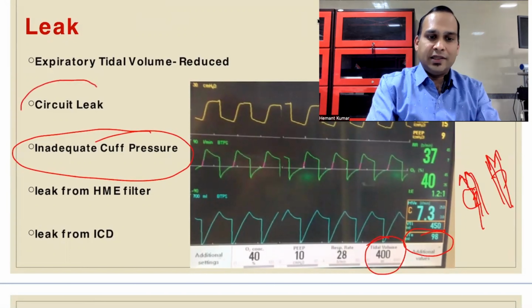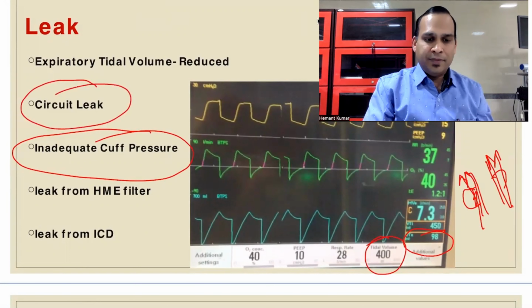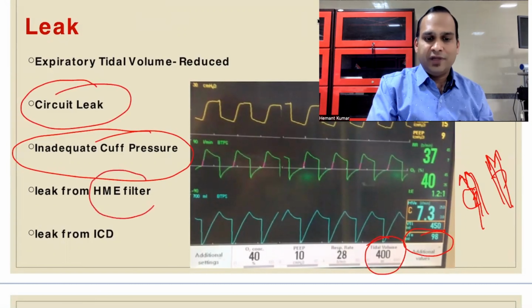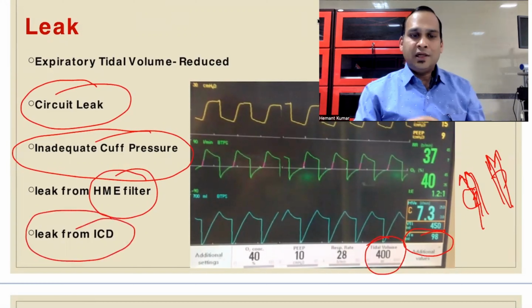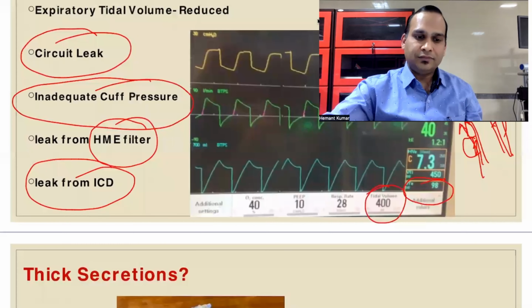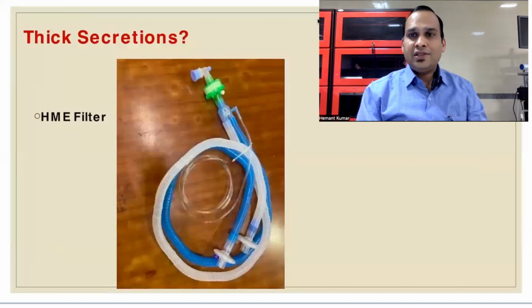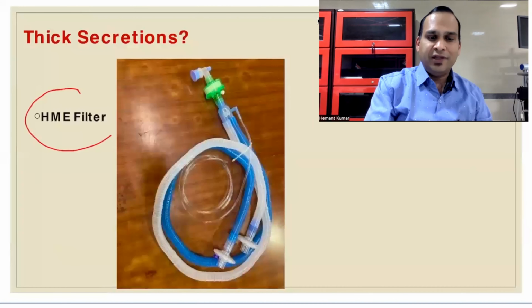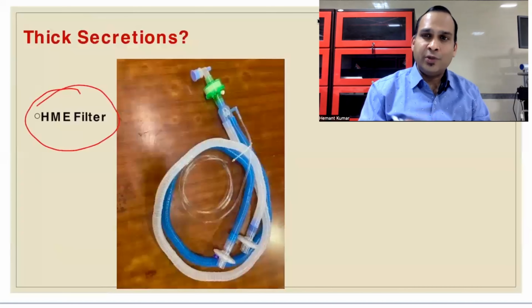Another is circuit leak, and many times they leak from the HME filter, and sometimes if the patient is having intercostal tube drainage, that will also show leak. So we have to address leak by seeing what the cause for this leak is. Then if there are thick secretions, we have to apply an HME filter or external humidifier.